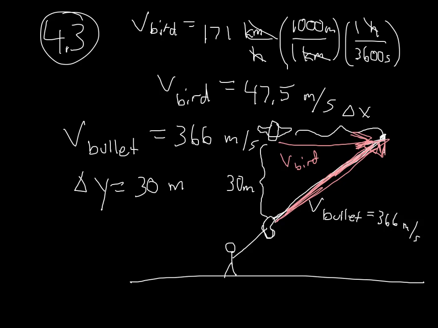When I look at this, I see a right triangle in here. Can you see the right triangle? Okay. I know the velocity of the bullet, so what side of the triangle is that? It's the hypotenuse. And I know the velocity of the bird, this part over here. That's one of the sides. We'll call that the opposite, and we'll identify this angle right here as theta.